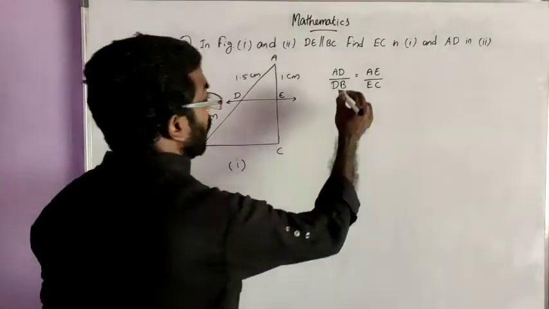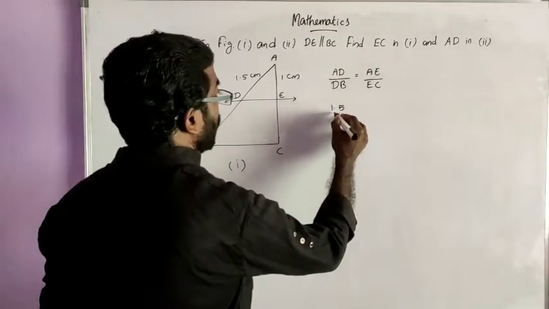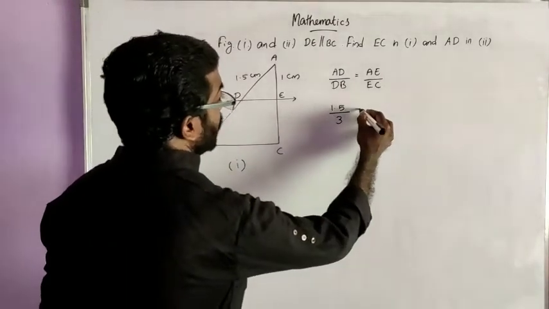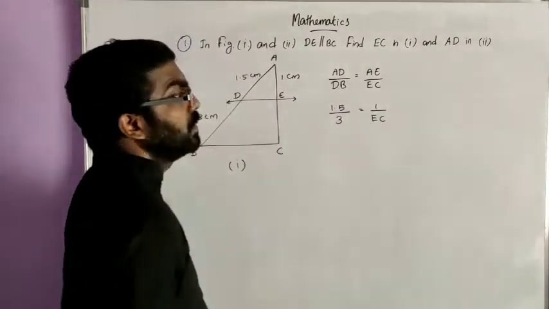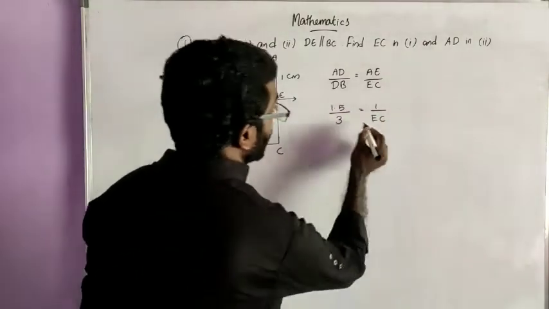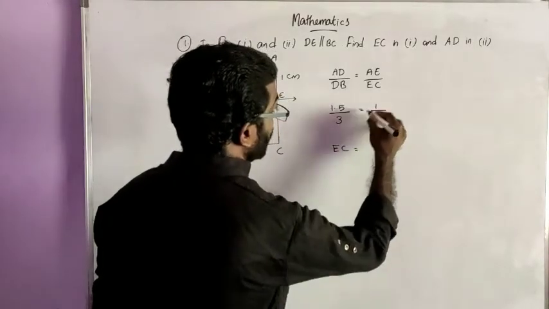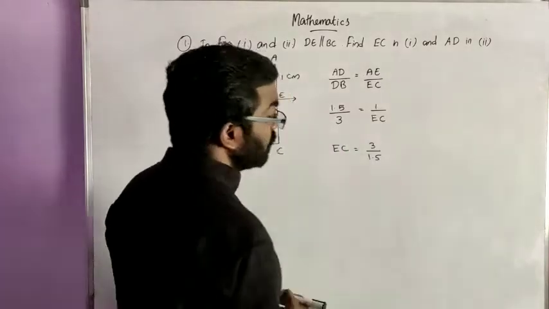Clear? Now we can replace the values. AD is 1.5, DB is 3 centimeter. Here AE is 1, EC we have to find out. Now we can cross multiply. EC is equal to 3 by 1.5.